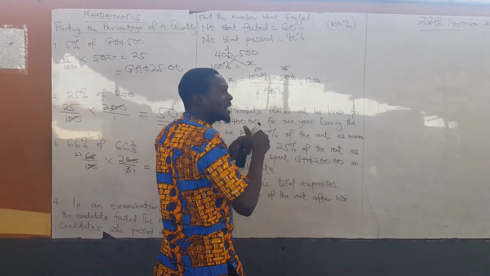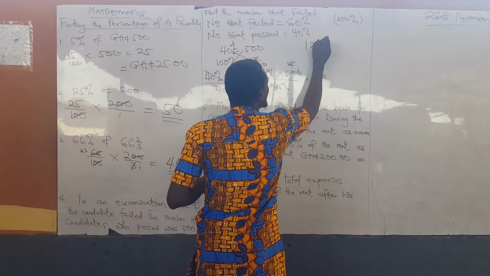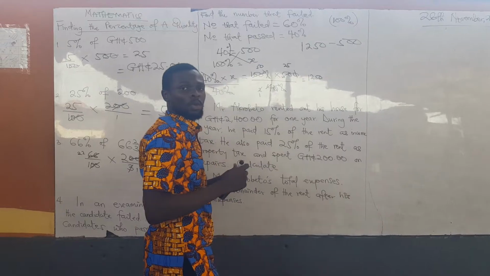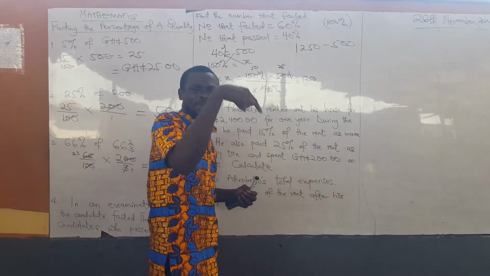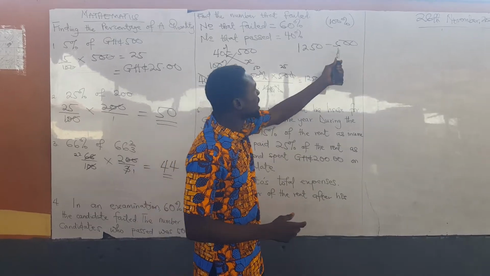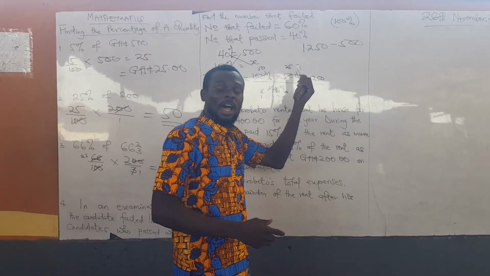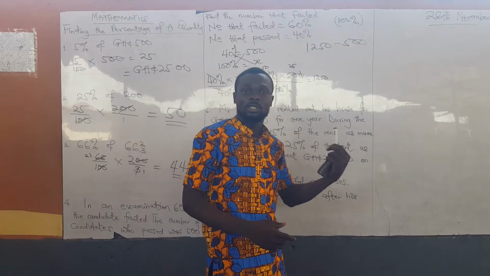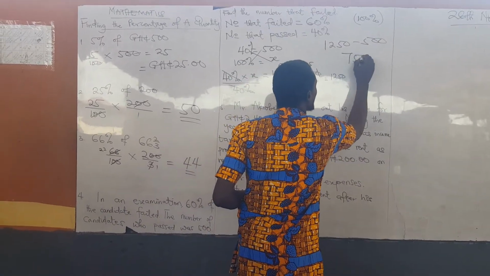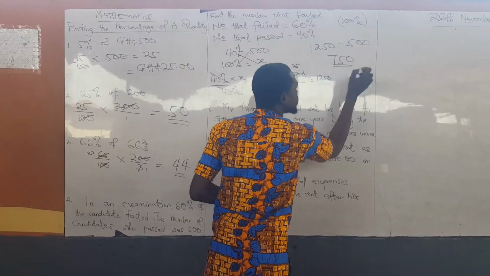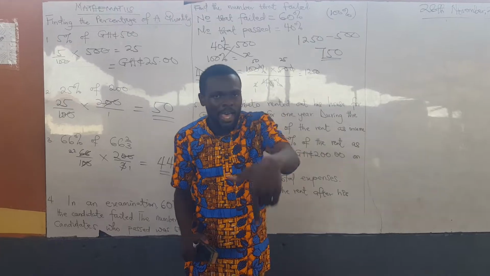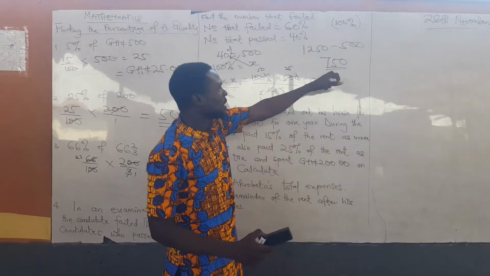So if the total number is 1,250, and you subtract 500 from 1,250, you are going to get 750 as your answer.